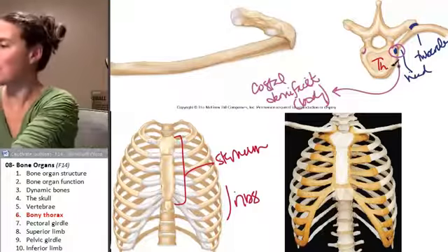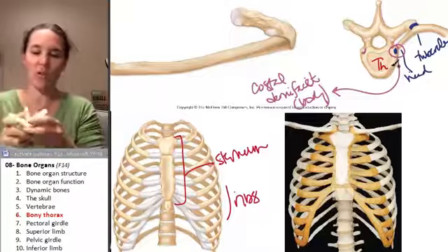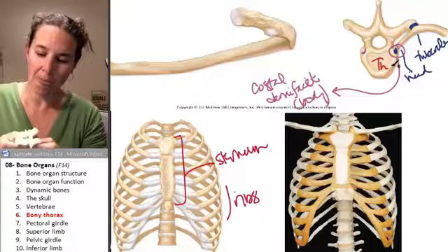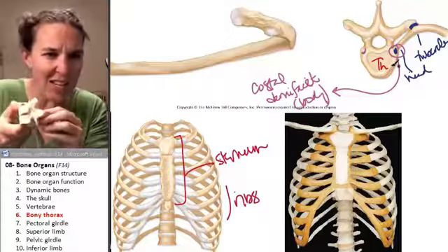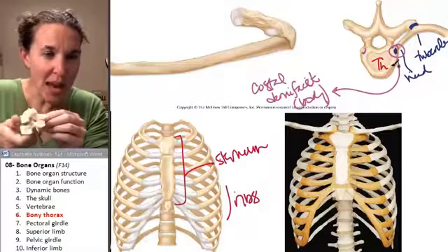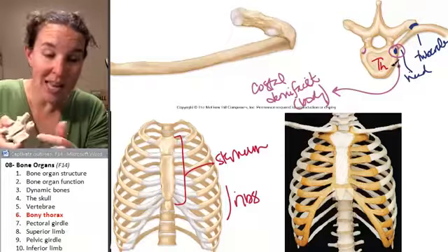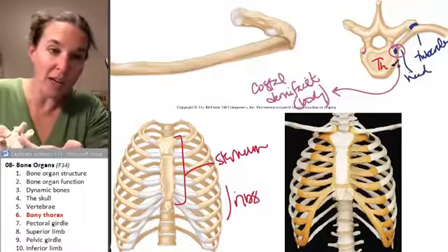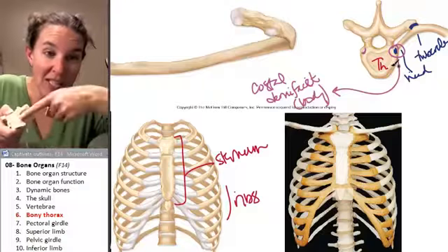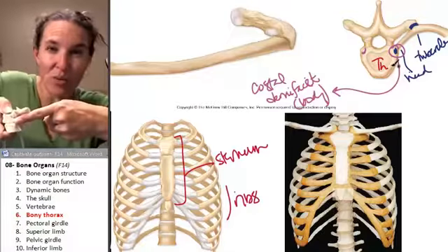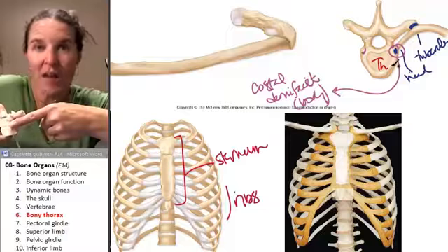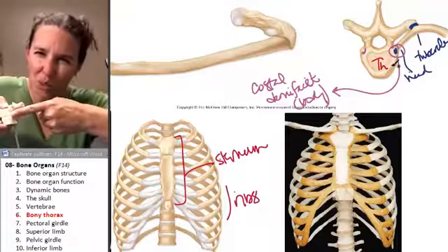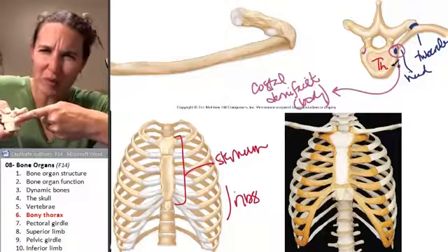So stack them up. I'm just going to show you so that you can visualize this. You stack them up, and can you even see anything? Now, we have costal demifacets on the body, and if we were to attach a rib right here, the head of the rib would attach between the two, a little bit on the inferior surface of the top vertebra and a little bit on the superior surface of the bottom vertebra.